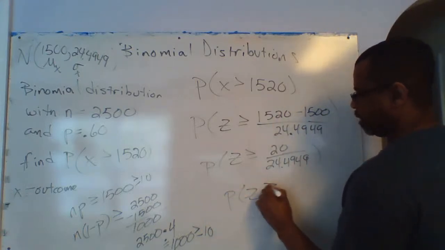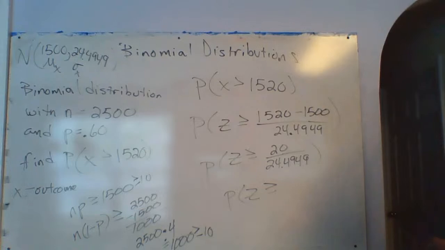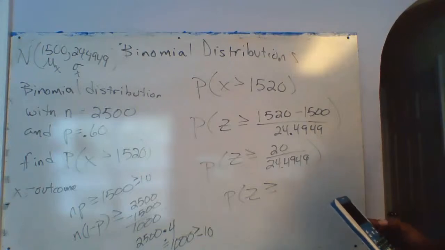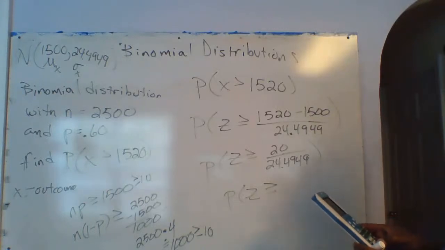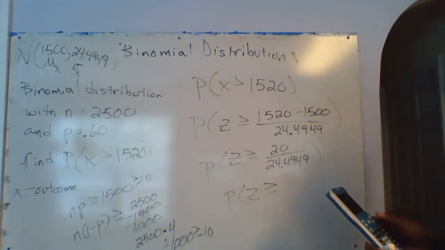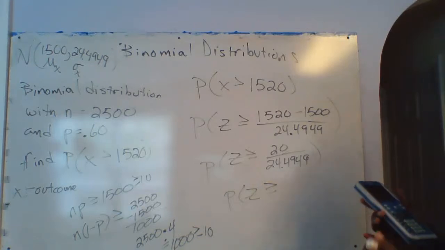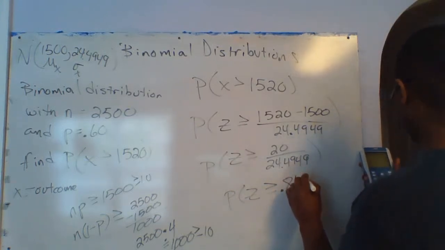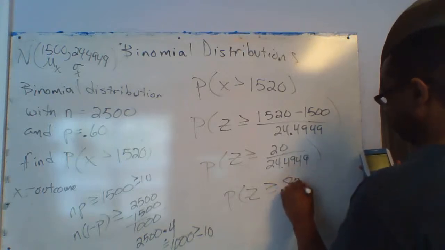We're going to put that in the calculator and then approximate our percent. 20 divided by 24.4949 should give us 0.82.